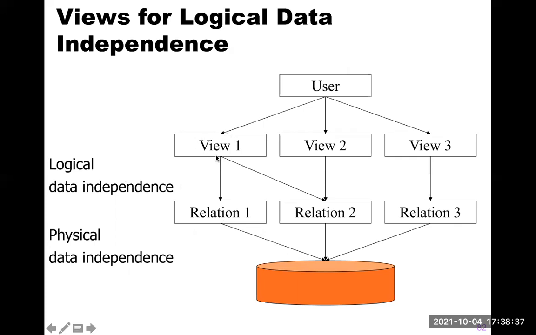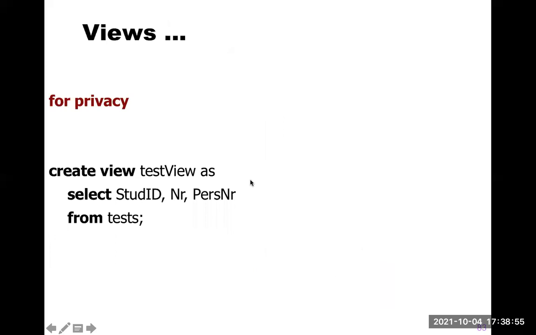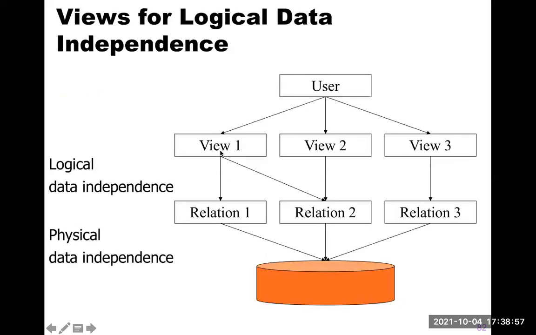I may declare a view and set access rights for a user only to this view, not to tables. From the user's point of view, that's just another table, but under the hood it leads to a query. The query is executed and the result is shown.